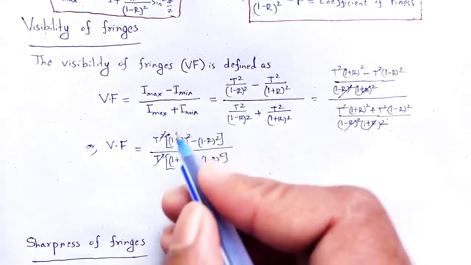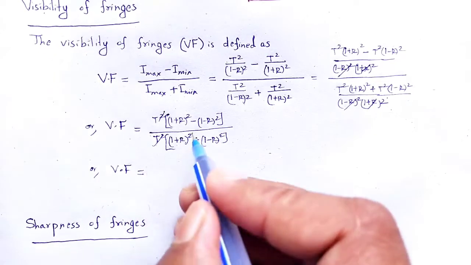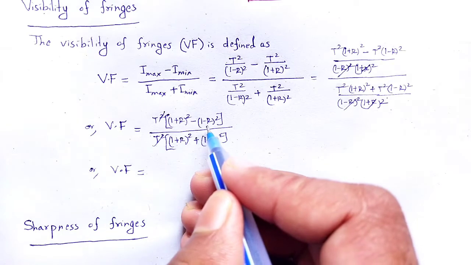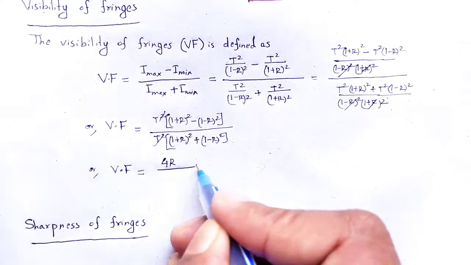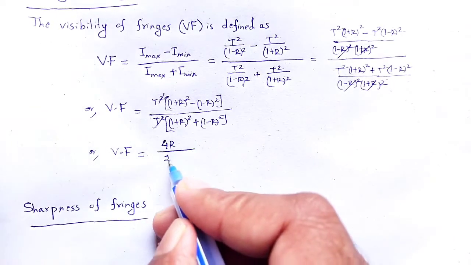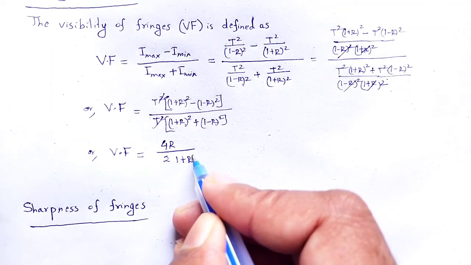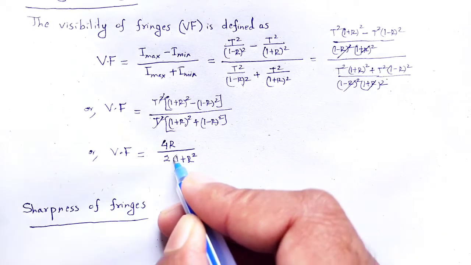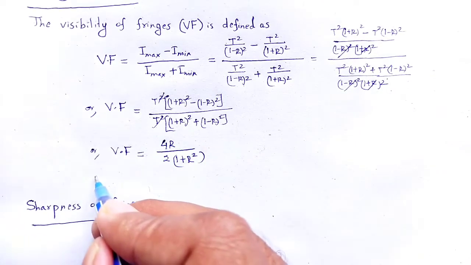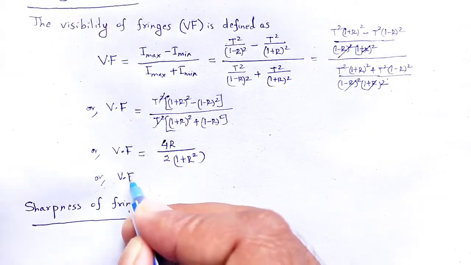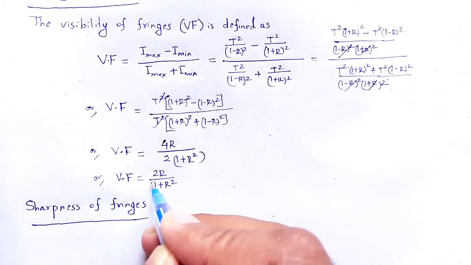T square cancels out, so VF is equal to 1 plus R whole square minus 1 minus R whole square, that is 4R, divided by 2 times 1 plus R square. Solving that, the 2 cancels out, and the visibility factor VF is equal to 2R divided by 1 plus R square.